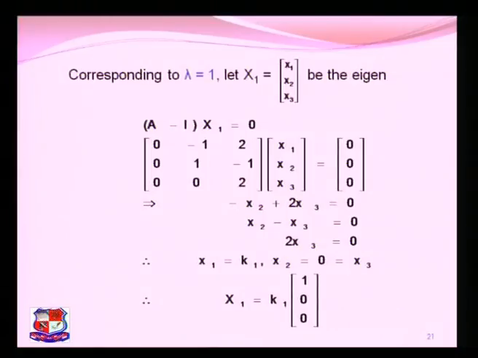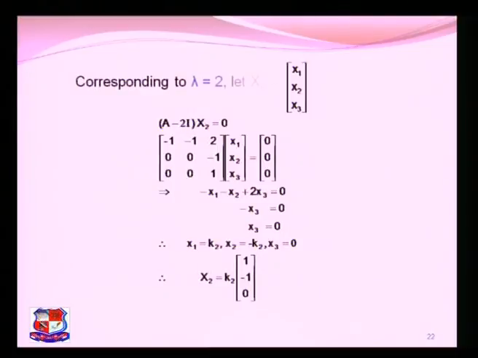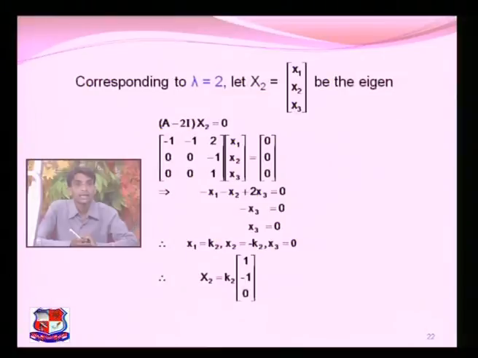In a similar way we also need to find the eigenvector for lambda equal to 2 as well as for lambda equal to 3. So let us look at the eigenvector for lambda equal to 2. Corresponding to lambda equal to 2, that is capital X2, (A - 2I) into X2 is equal to 0.